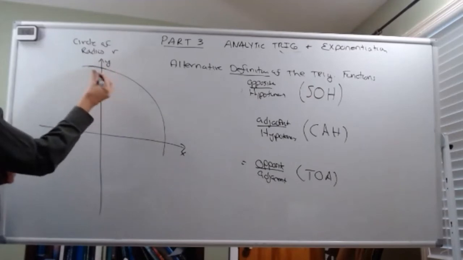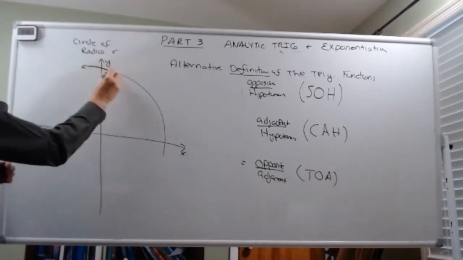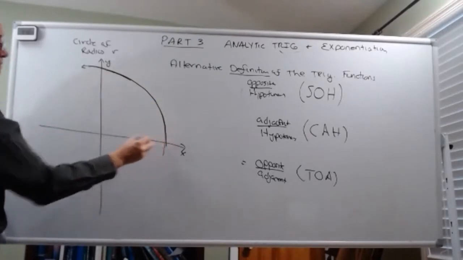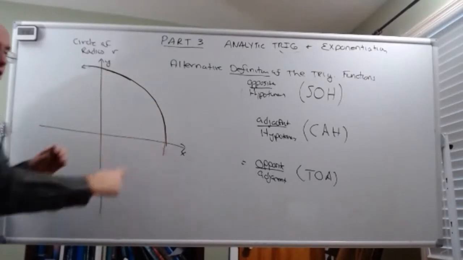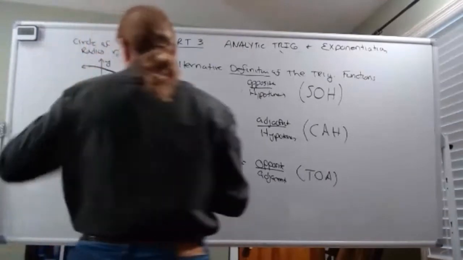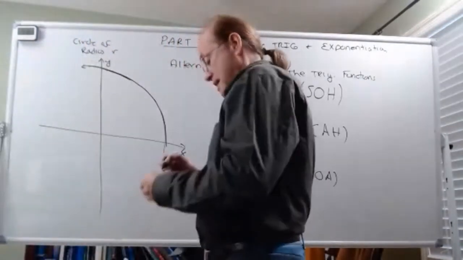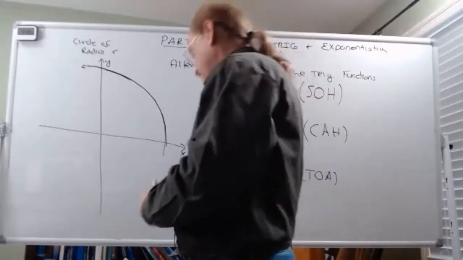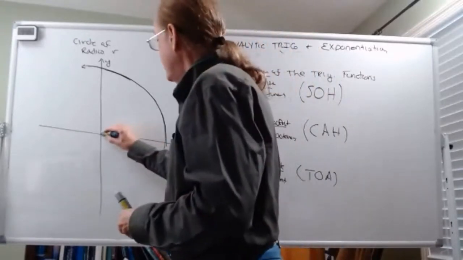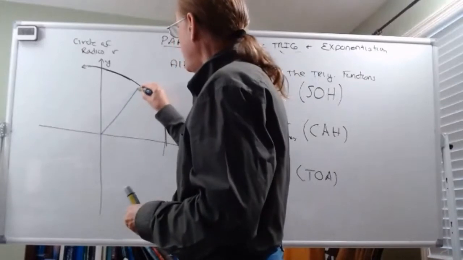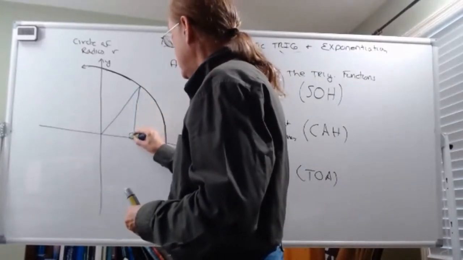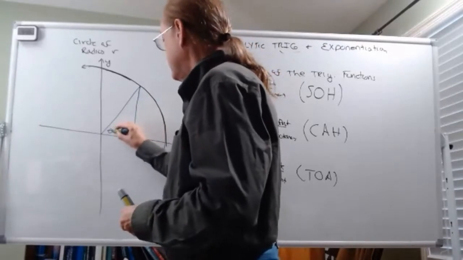There's my circle that can extend over this way. And this length down here is an r value, which is x, and this y would be r too. And if I plug in my right triangle, there's my triangle over here, and here's my angle theta.